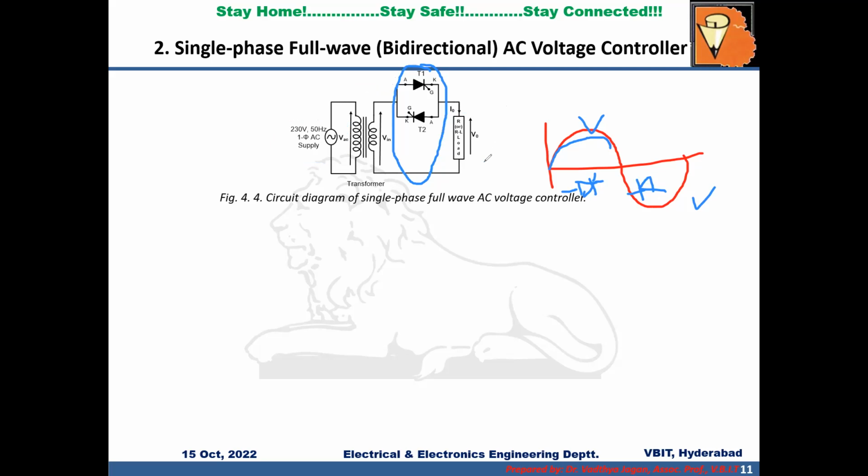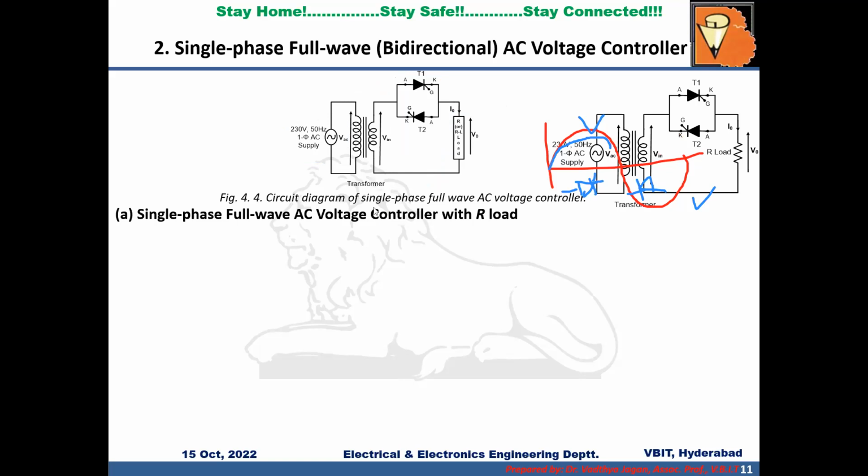So to achieve the variation in the output voltage, let us consider first the resistive load. Now here is the AC voltage controller. Normally we'll call it PEC. This power electronic converter is converting the fixed AC to a variable AC voltage across the load, right?